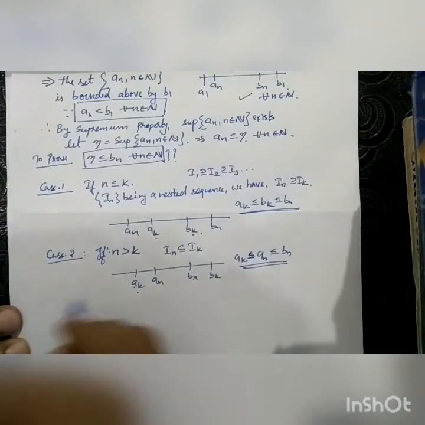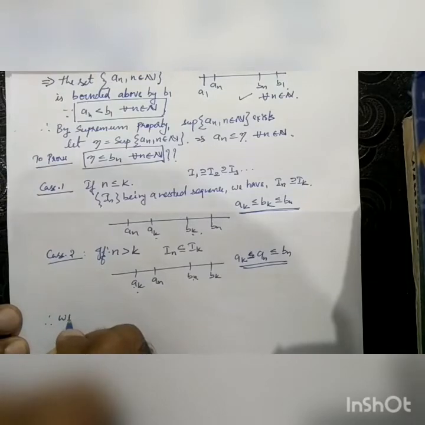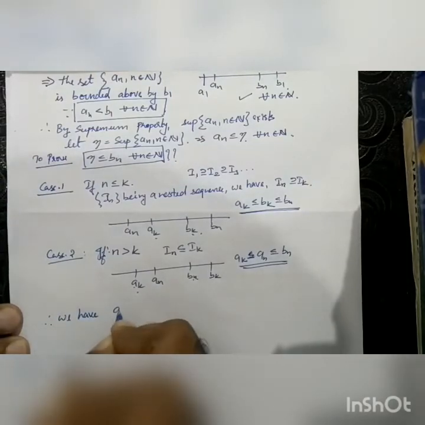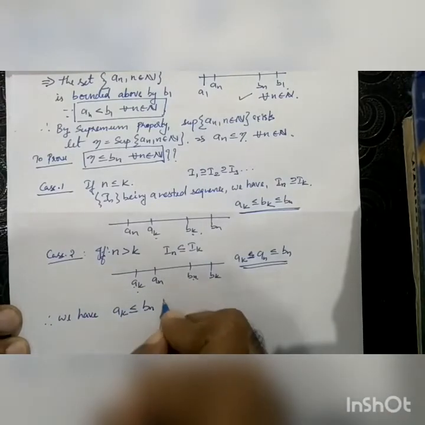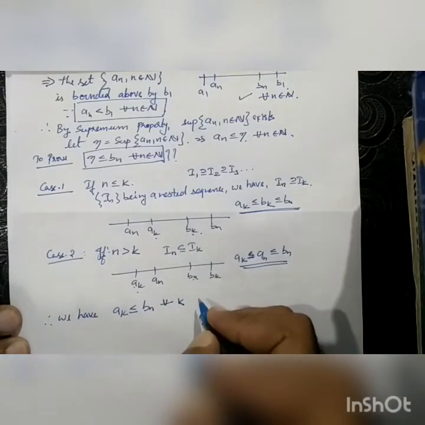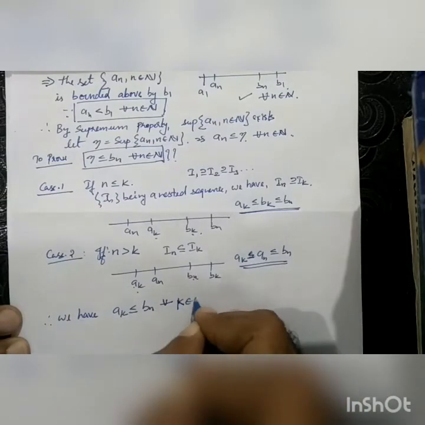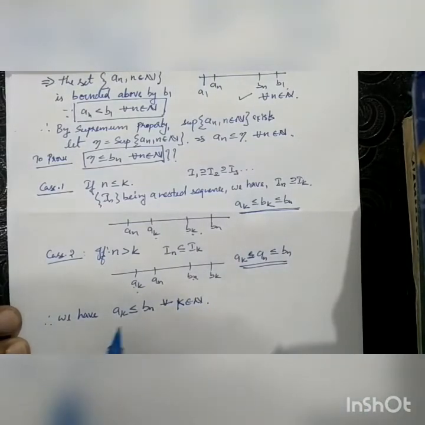Therefore, whatever be the value of n and k, we have ak less than or equal to bn for every k belonging to N. So what does this mean? This means the collection bn will form an upper bound.